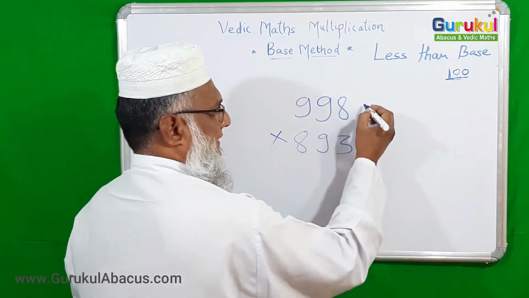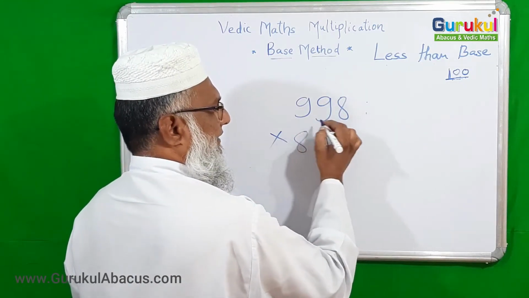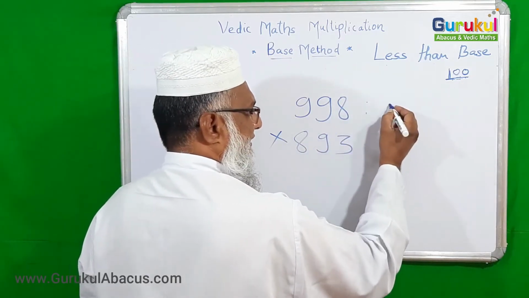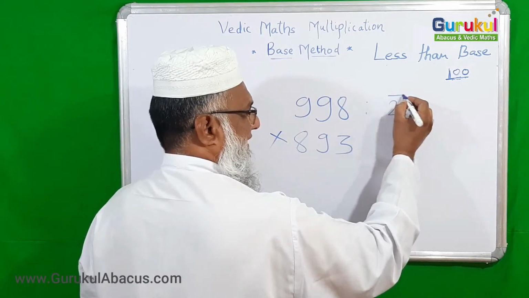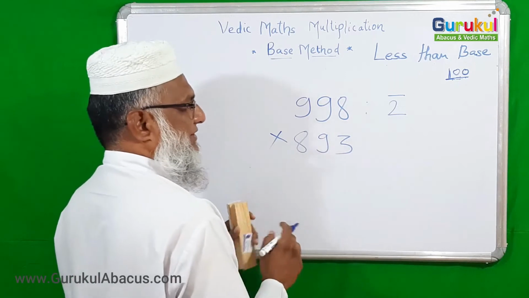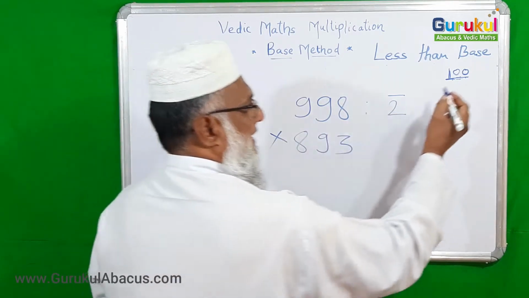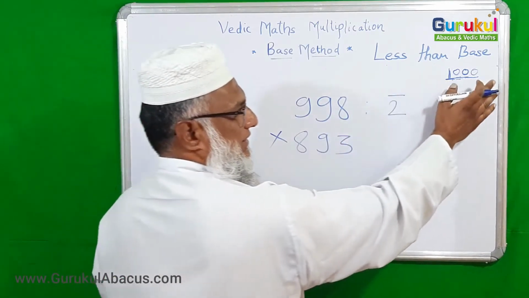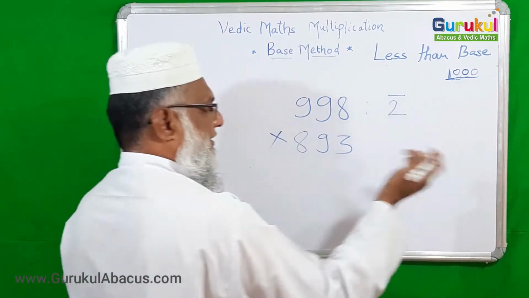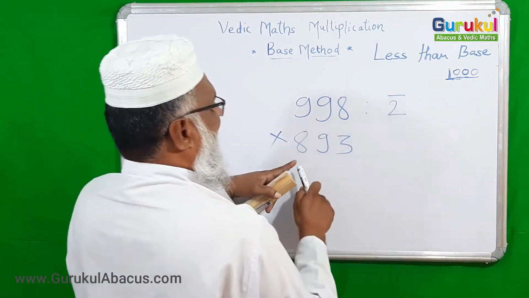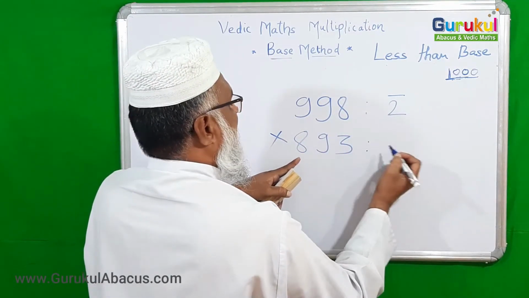Okay, here by observing, 999 is less than 1000 by 1, and 893 is less than 1000 by 107. Both numbers are near 1000. So here in this example our base is 1000. Now this number is less than the base by 2, and this number is less than the base by 107.